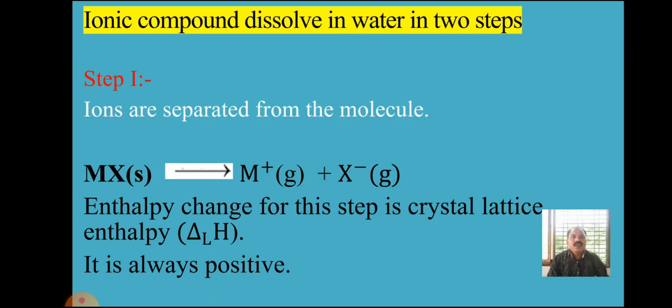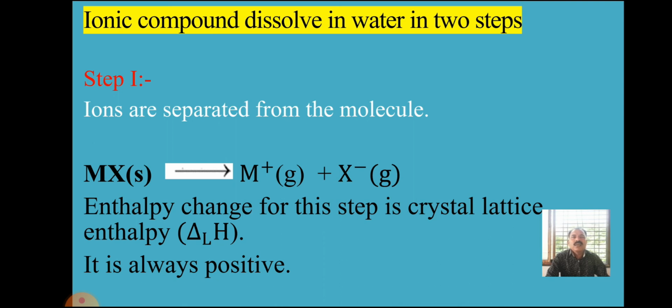An ionic compound dissolves in water in 2 steps. In step 1, ions are separated from the compound. Example, MX is an ionic substance in solid state.